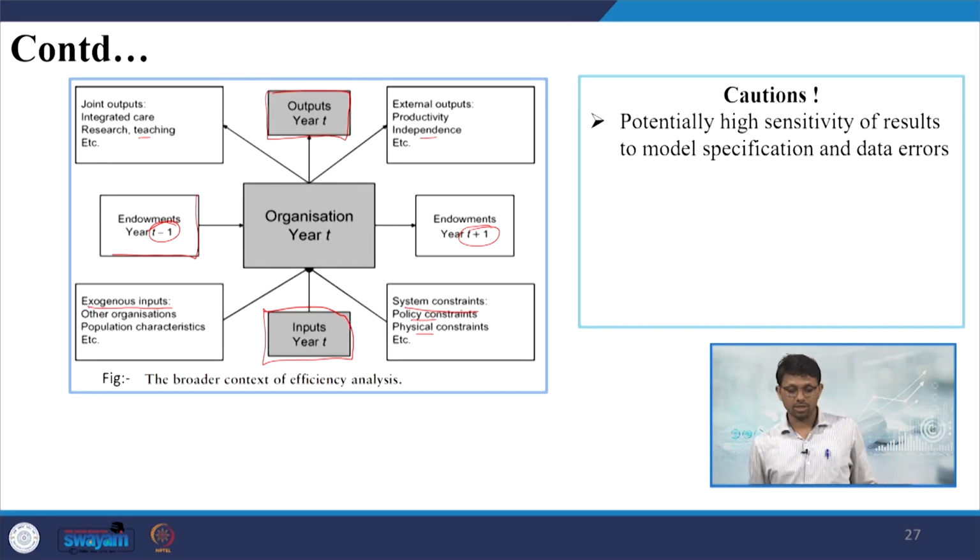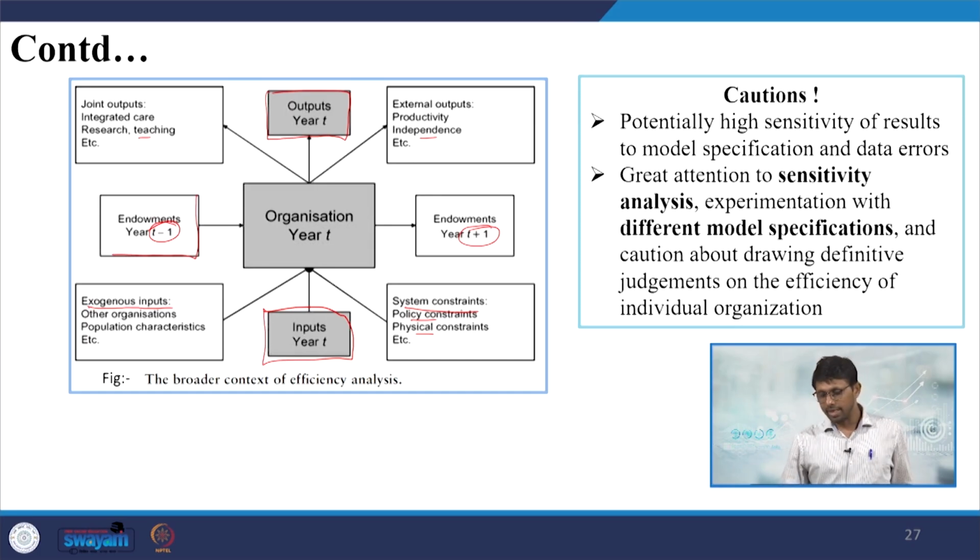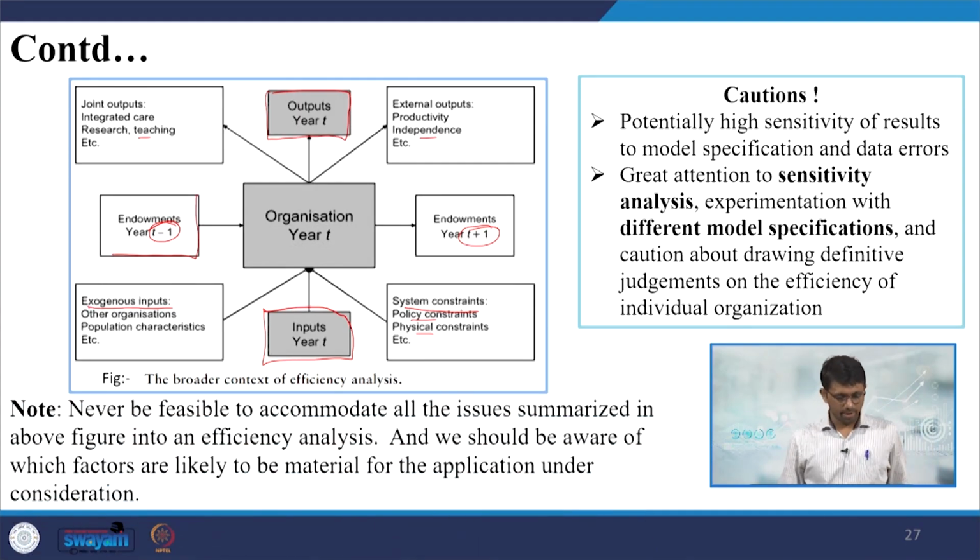Therefore, we have made a caution that potentially high sensitivity of the results to model specification and data errors is important. Great attention should be given to sensitivity analysis or experimentation with different model specifications, and caution with drawing definitive judgments on the efficiency of individual organizations.